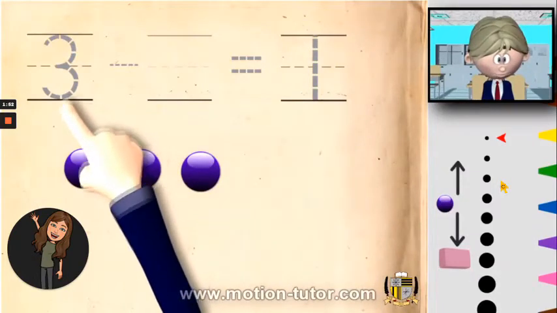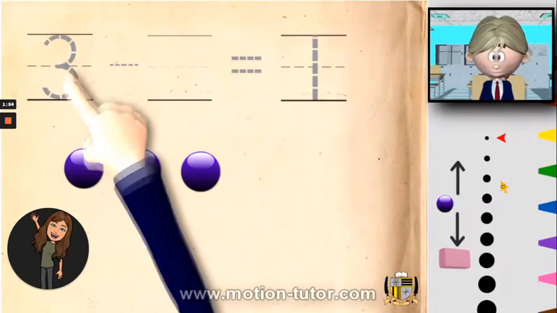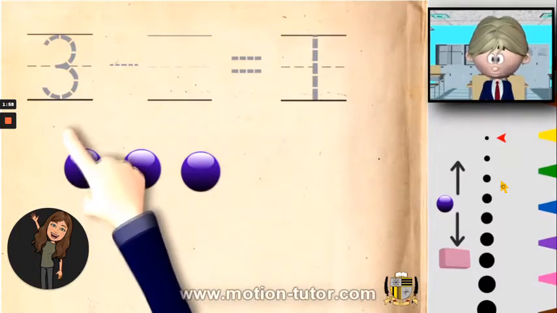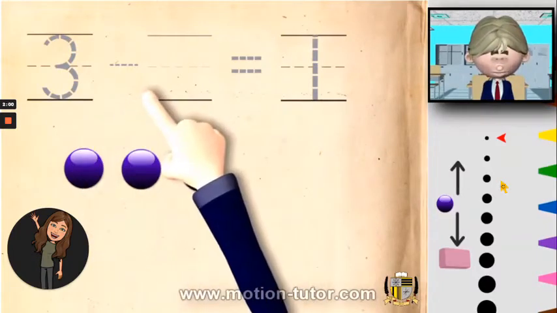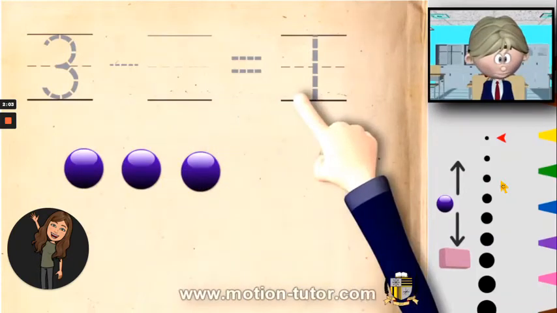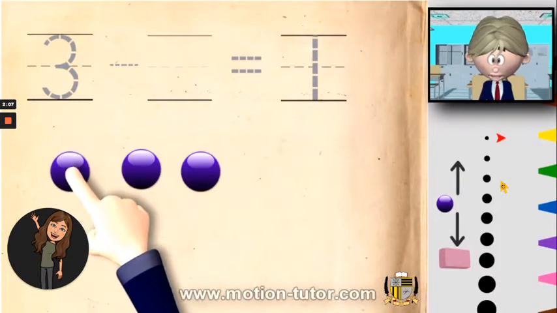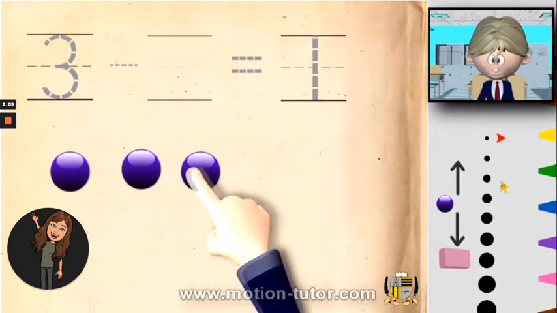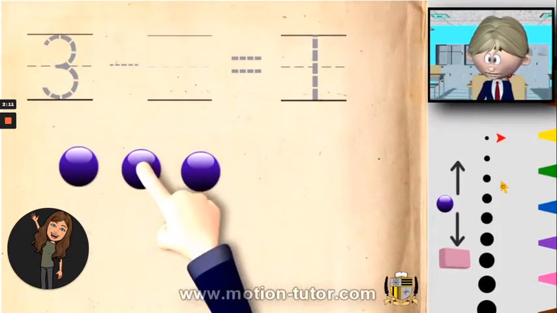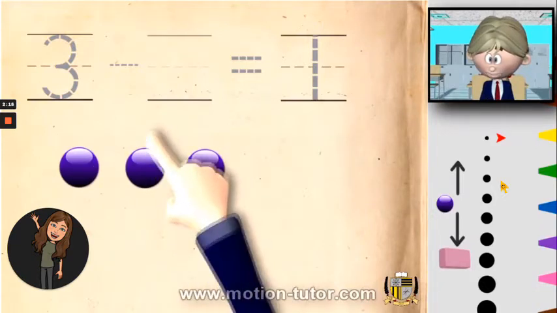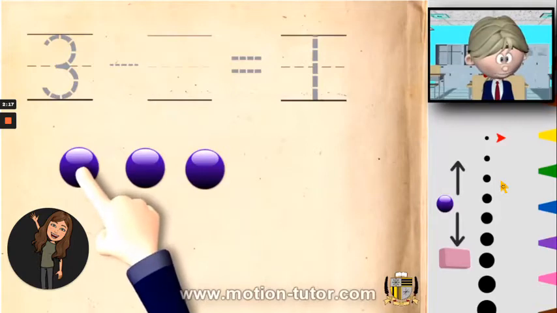So let's look at this. So we have 3, and here's the 3. We're going to take away some, and we're going to have 1 left over. So just by looking at this, we have 1, 2, 3, and we're going to take away some, and we're going to have 1 left over.